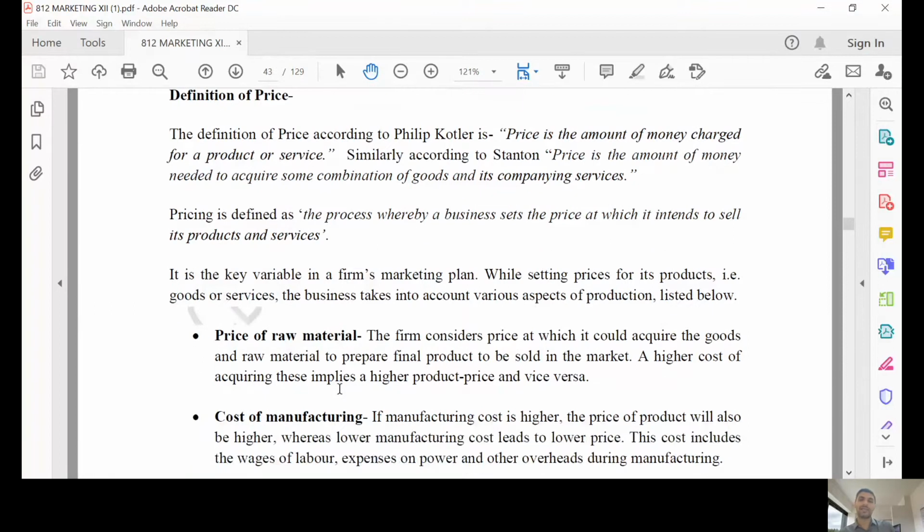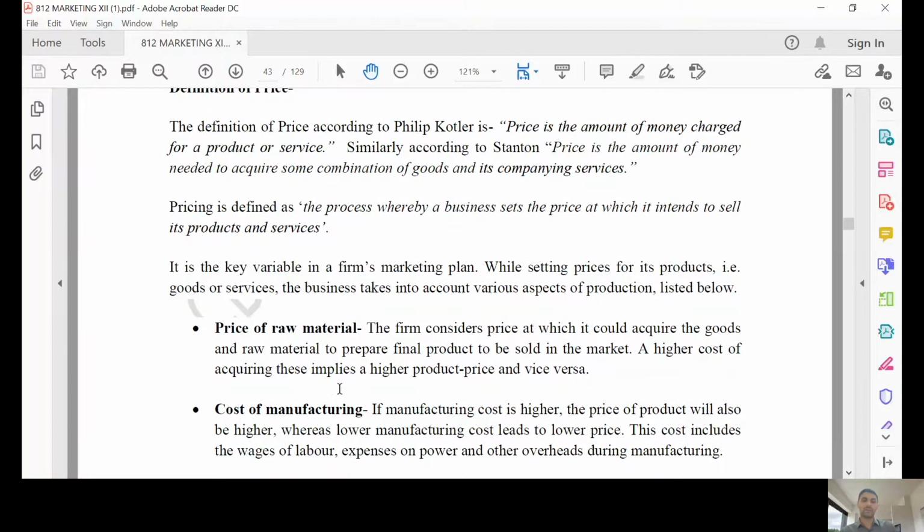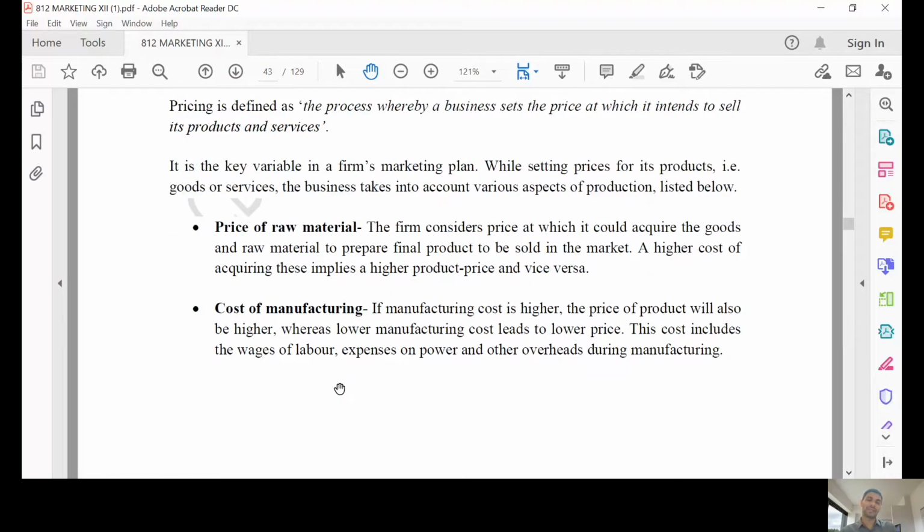If the price of raw material is high, the selling price also will be high, isn't it? Another important factor influencing the price is the cost of manufacturing. If the cost of manufacturing is high, the selling price also will be high.